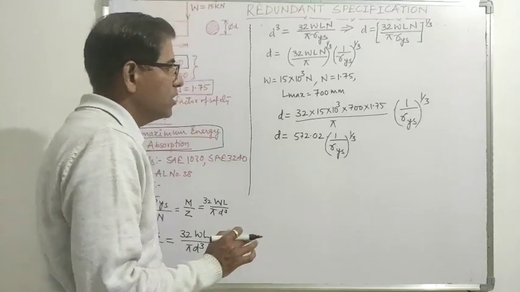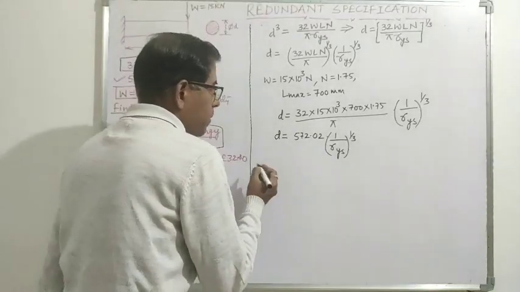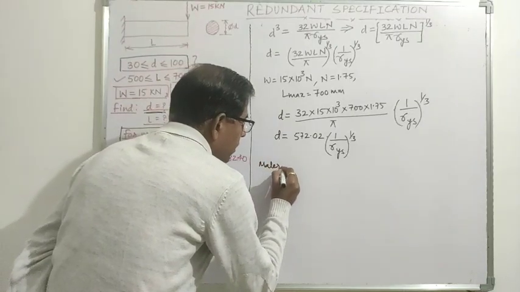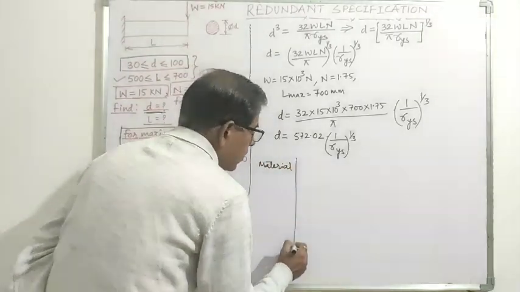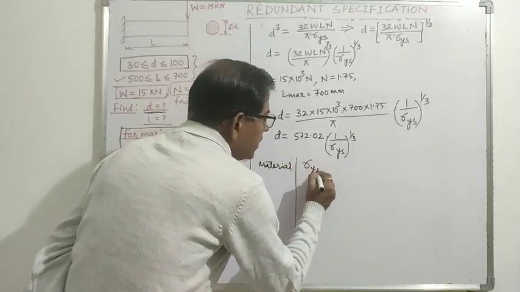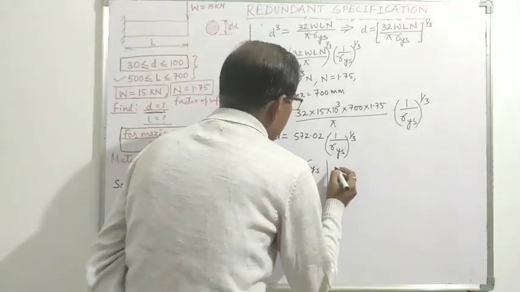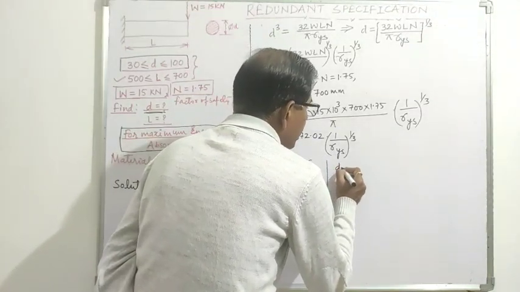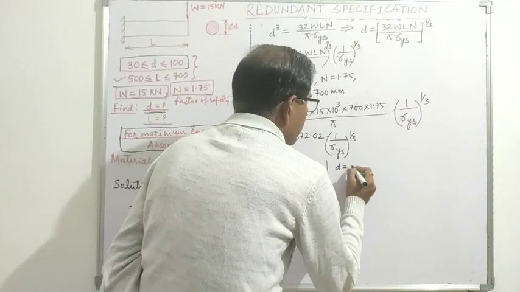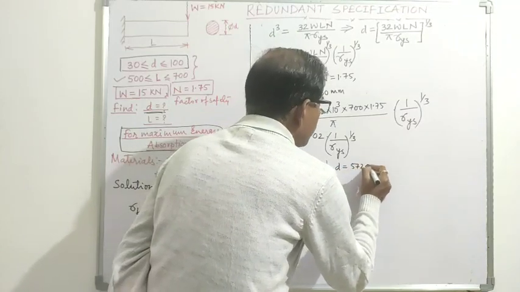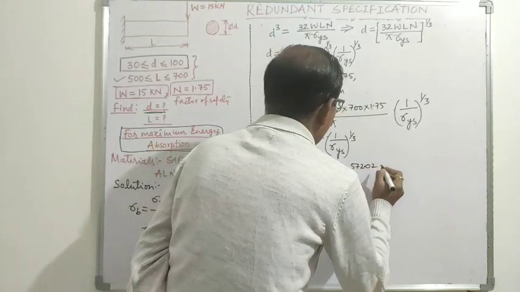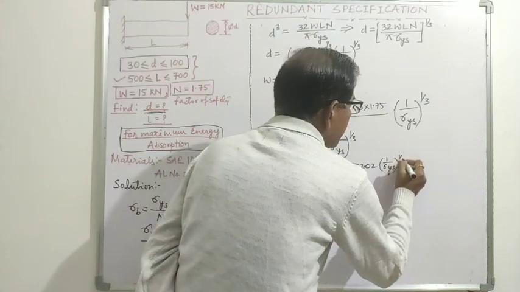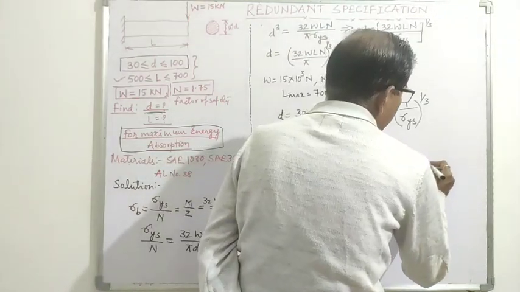For this, we plot a table: material, then the yield strength σ_ys of that material, then we calculate the value of D as 572.02 × (1/σ_ys)^(1/3), and here we write down the remark.